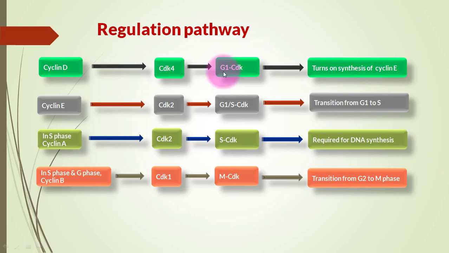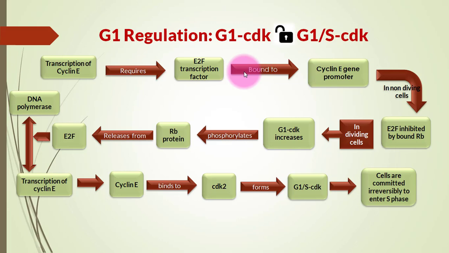Now in a dividing cell, G1 CDK, this complex, which is formed from a CDK4 and a cyclin D combination, will form a G1 CDK. With the formation of this G1 CDK, the G1 CDK activity increases, and it will phosphorylate the RB protein.